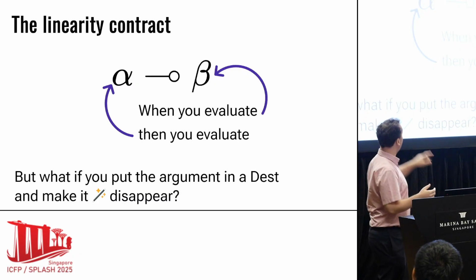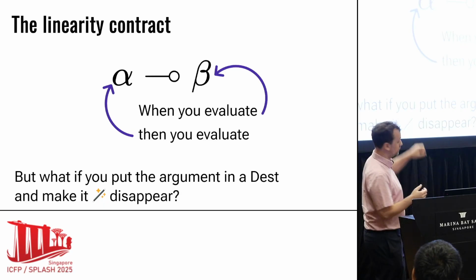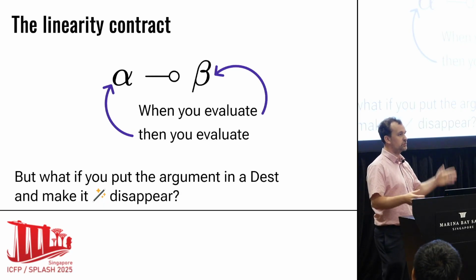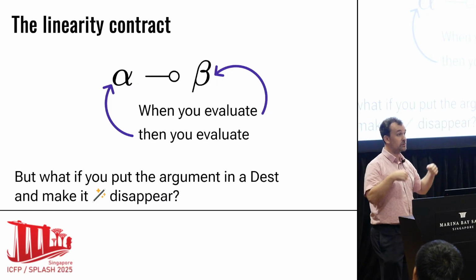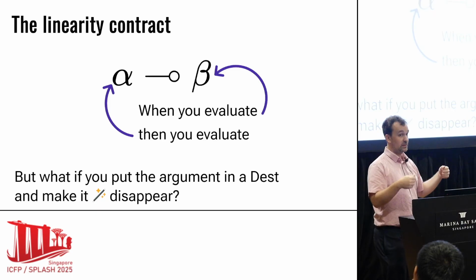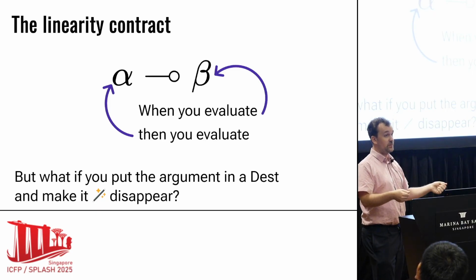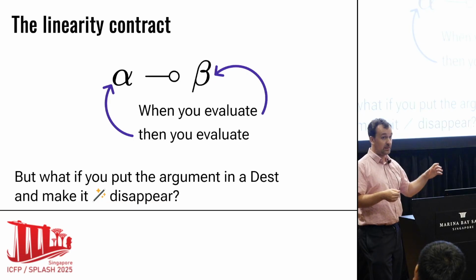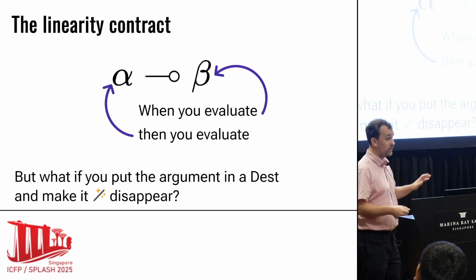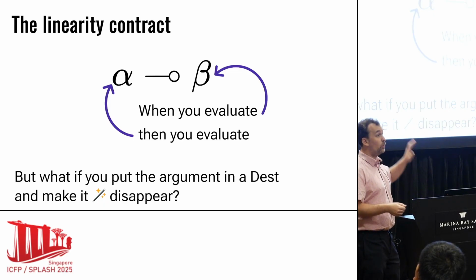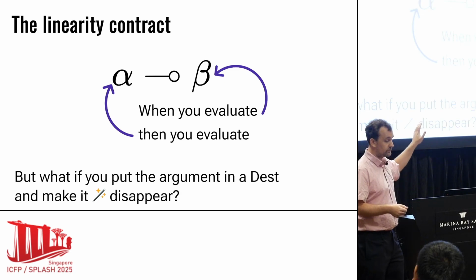If I take a linear function like that, this is a non-linear function, it just uses its argument alpha of type alpha only once. But it captures a destination. And during this function, I fill the destination with the argument, and the argument will escape. And the contract of linear functions is that when I evaluate the result, I also evaluate the argument.